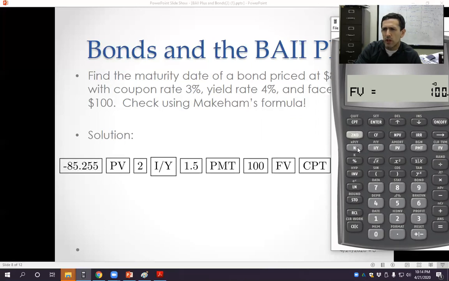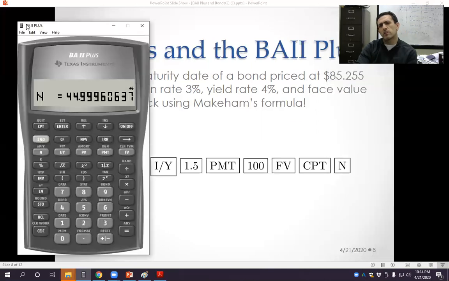So compute N, and we get this number that is basically 45. And yeah, we would need more decimals to get closer and closer to 45. But this represents a bond that matures in 45 6-month periods. And so divided by 2, that is a 22.5-year bond.